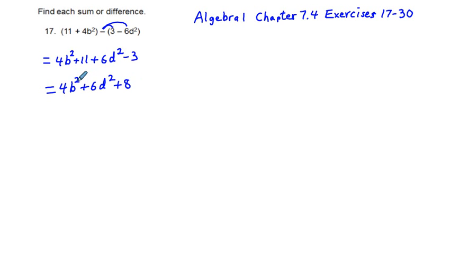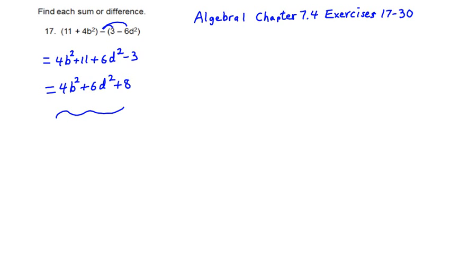And so why did I put the 4b squared in front of the 6d squared? Well, just because of convention. Usually, conventionally, you are going to want to have the highest number in order in the alphabet first, in that order. It's just conventional, just looks better that way.